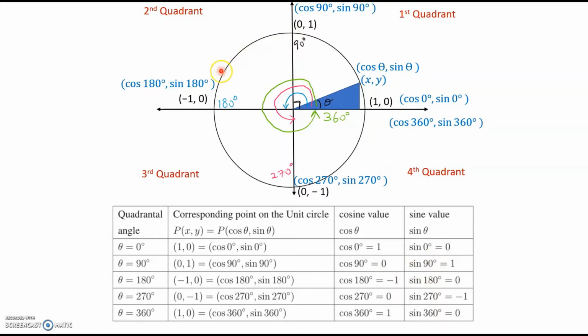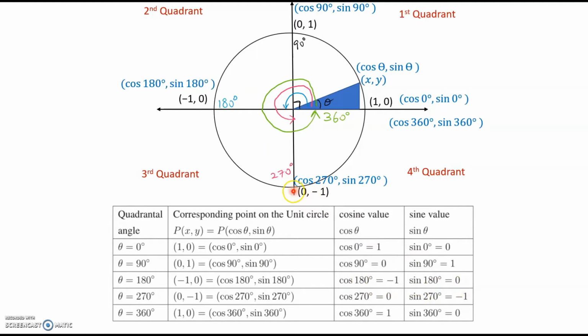Similarly, if we go to this point here, the angle is 180 degrees. So I'm going to define this point as cos 180 degrees comma sin 180 degrees. Now cos 180 degrees is nothing but minus 1, because this coordinate here is minus 1 on the x-axis and 0 on the y-axis. So minus 1, 0. Hence, cos 180 is equal to minus 1, sin 180 is equal to 0.